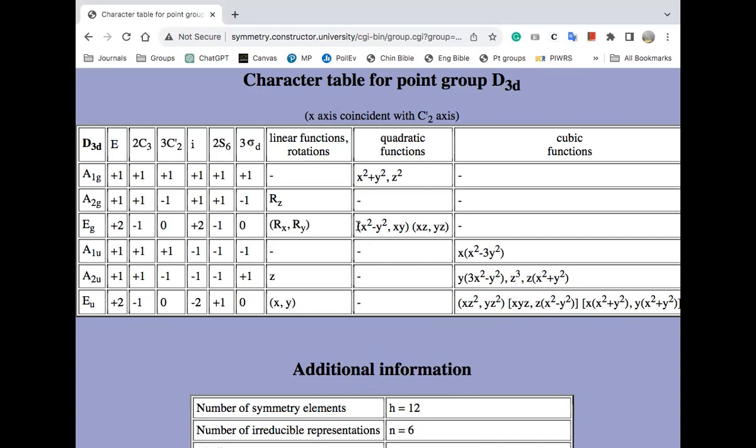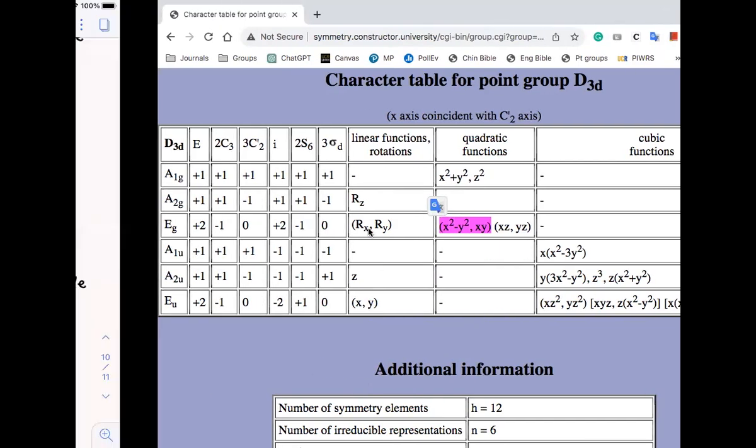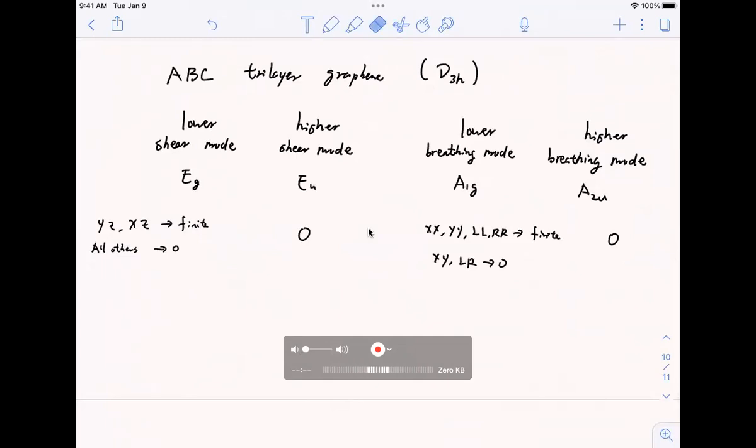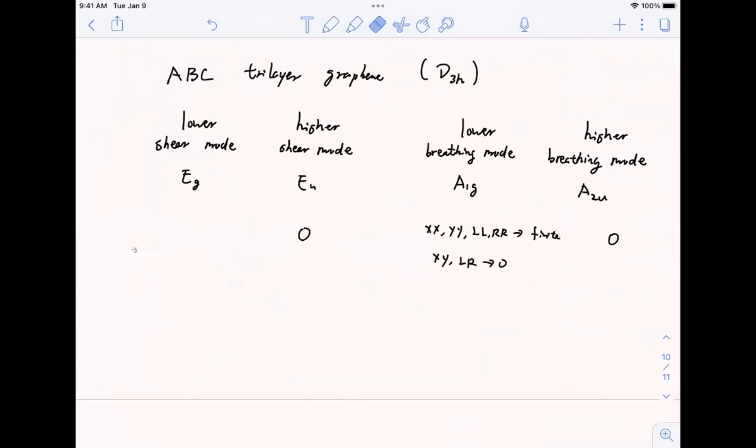EG is this one. And here we only focus on this mode. We know it is not this one because in our detection measurement, we detect the light for X and Y geometry. So this is the mode. Okay, so I remember this one will be X, Y is finite.